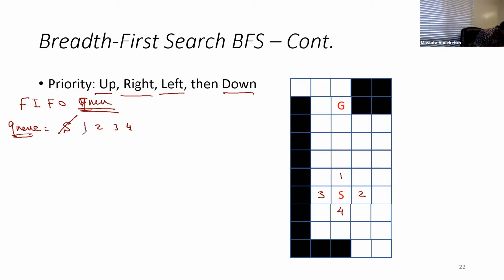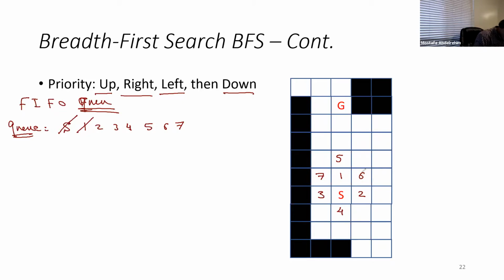Then, first in, first out, which is 1. So we'll explore 1: 5, 6, 7, and this is explored, don't count it again. Add those new nodes, 5, 6, 7. No other options for 1, remove it from the queue. Then 2.